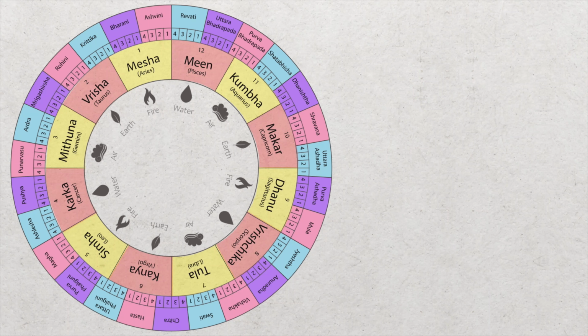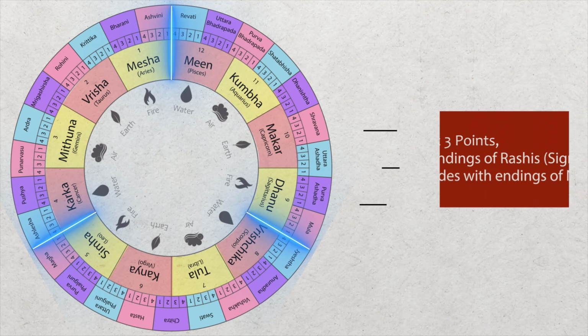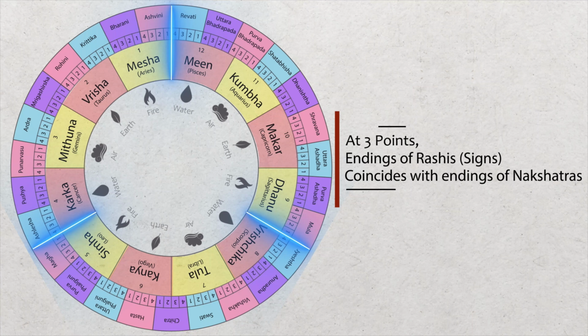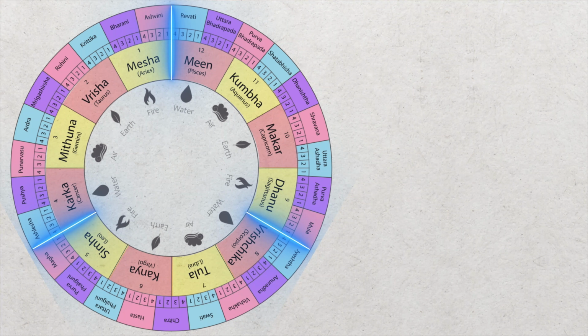One particular thing about nakshatra is we can see that there are 3 points where the endings of nakshatras and the ending of rasi coincide with each other. Also, we notice that this point is the boundary of watery rasi and fire rasi, both of which are mutually opposite tattvas.